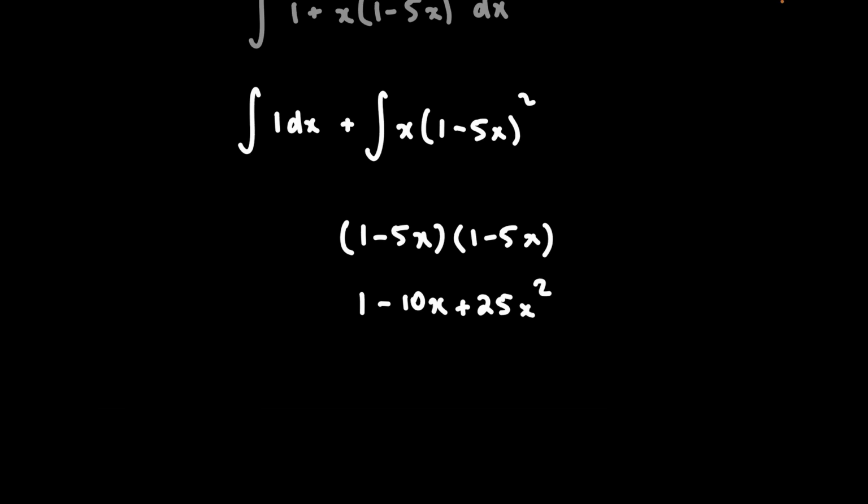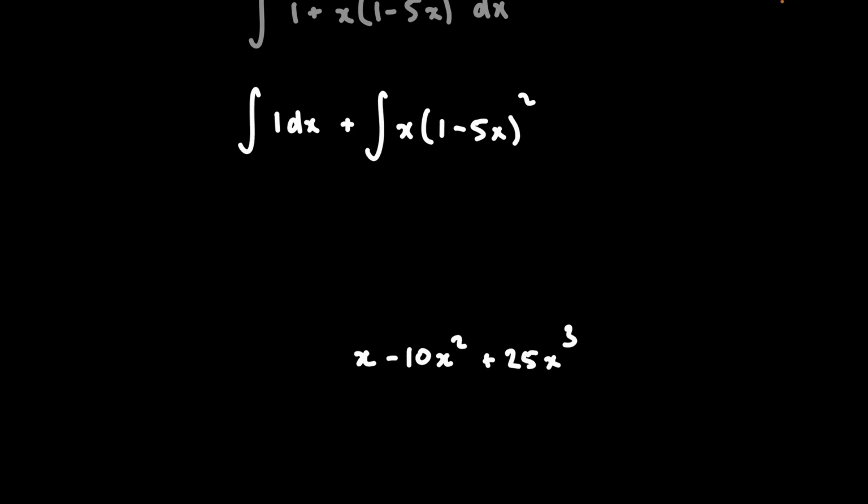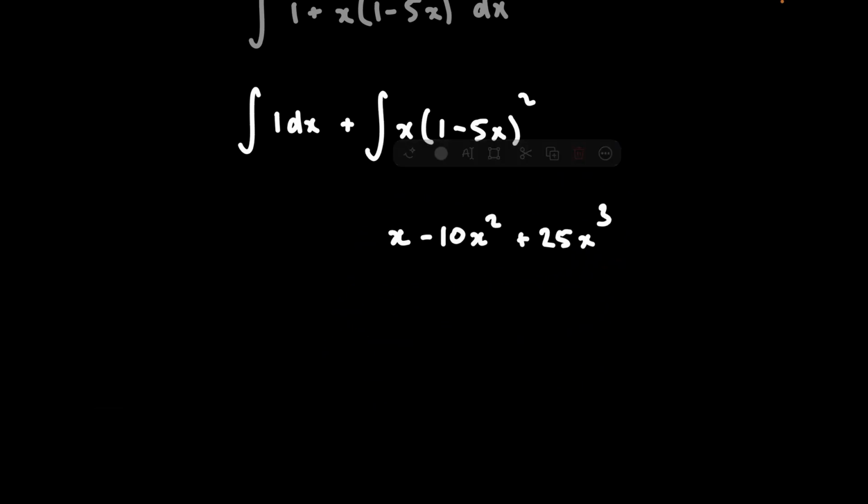That is the integral there. And then what I can recognize is we have to times all of this by x. And if I times all of this by x, all it becomes is x take 10x squared plus 25x cubed. So this is what we can use now. We can start integrating this term here.